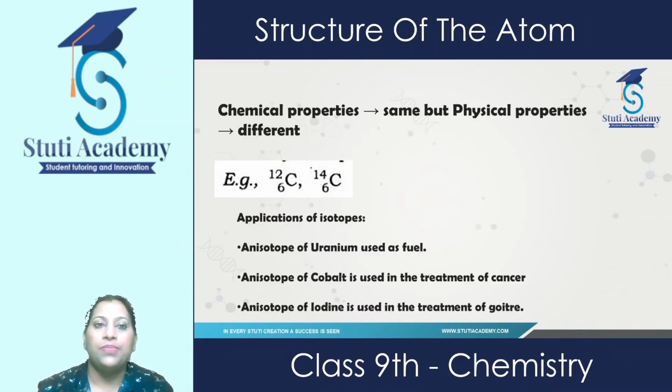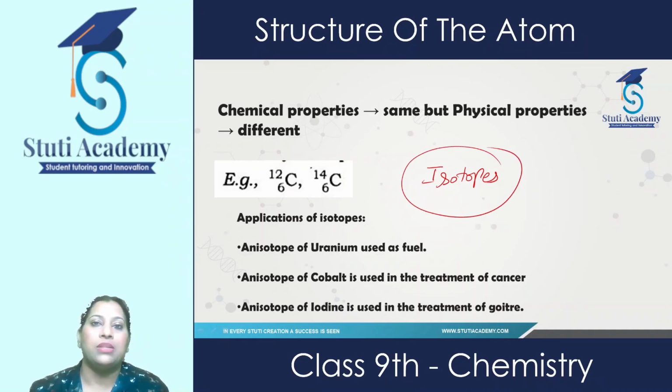There are certain substances, we call them isotopes. Isotopes are those substances whose chemical properties are same but physical properties are different. It means they have same atomic number and different atomic mass.